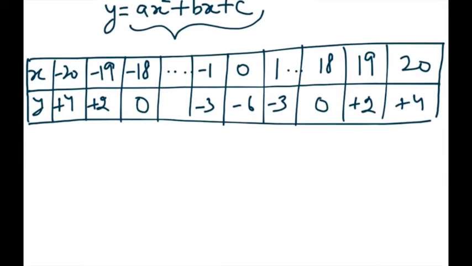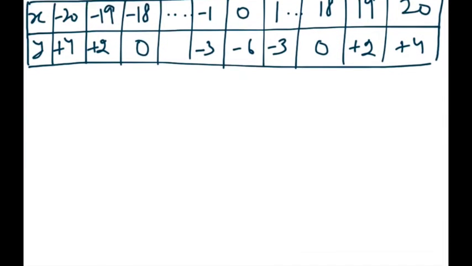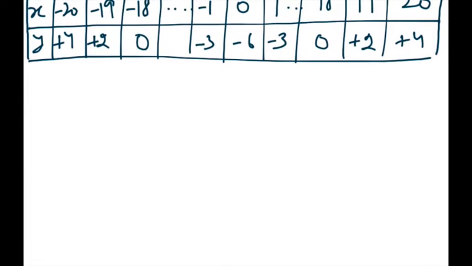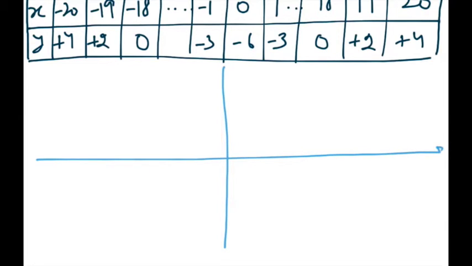If we draw these values on a graph, this is y-axis, this is x-axis. Zero, 1, 18, 19, 20.